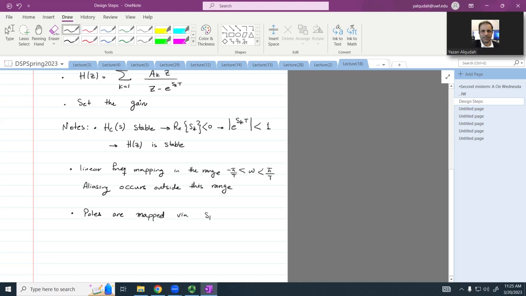The pole s_k in the continuous time domain is going to be at exponential of s_k multiplied by T. And because of aliasing, the sampling frequency will have a huge impact on the filter.